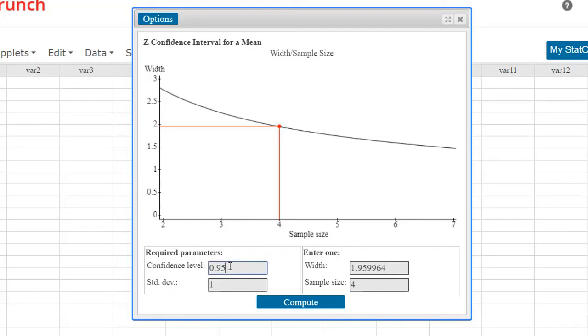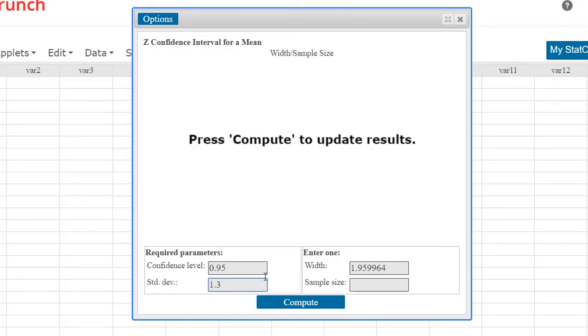So filling in our confidence level was 95%, so 0.95 is there by default. Our standard deviation was 1.3, so I'm going to enter that. The width of the confidence interval is the difference between the lower limit and the upper limit of the confidence interval. So that's going to be 2 times the margin of error.